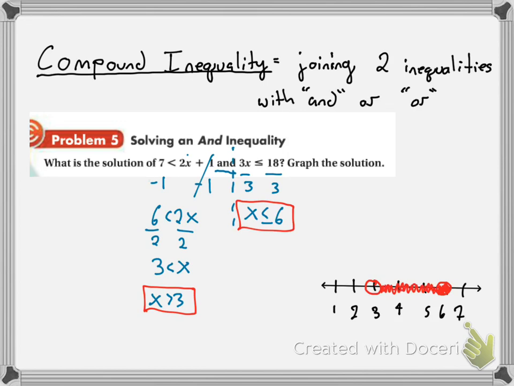Then I'm done. To double check, if you plug in 4 or 5 into either of these inequalities, you'll see that they both hold true. Any value in this segmented area will work. Whenever you have an and compound inequality, it'll look like a line segment.